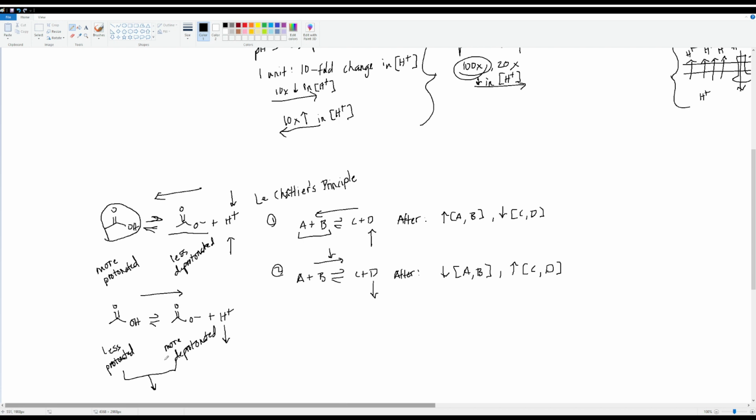So at what point does the less protonated and more deprotonated form, for the second reaction, get to the point where we're not just getting more of our deprotonated form, but so much more that it is now the dominant protonation state.